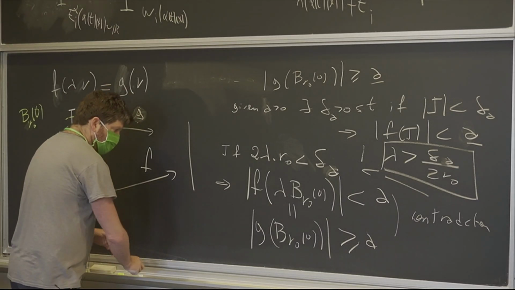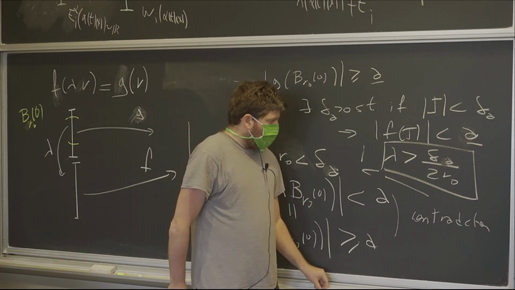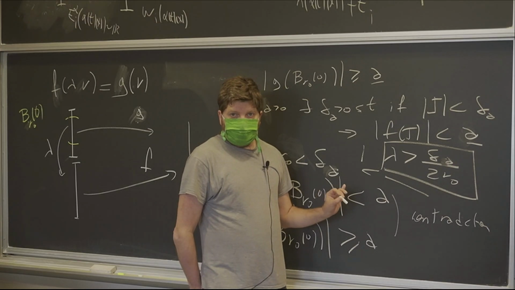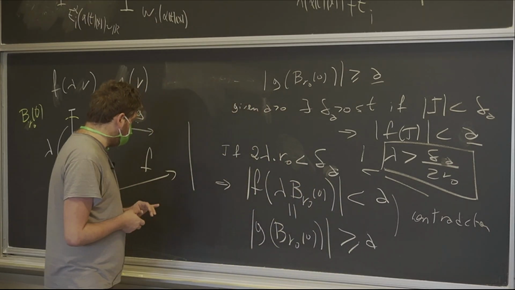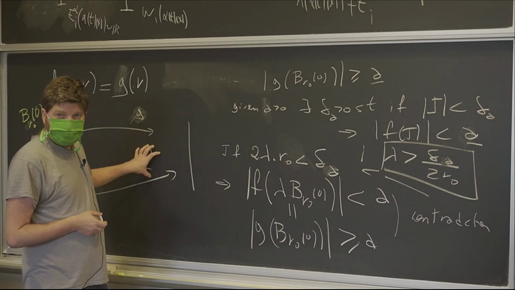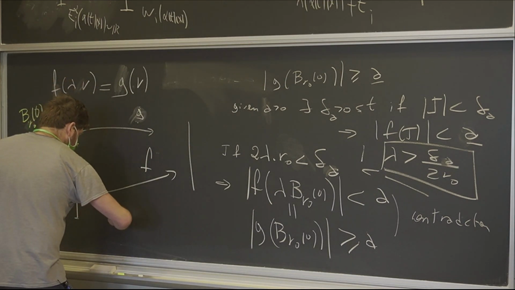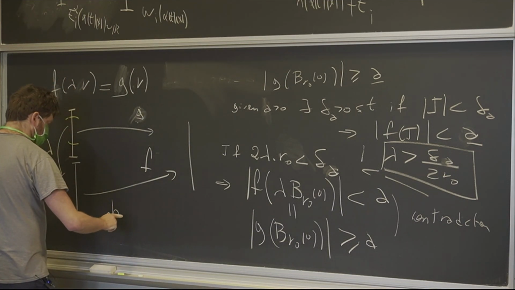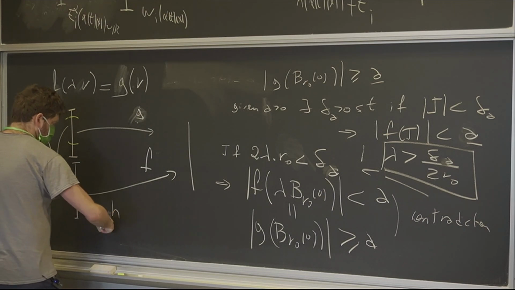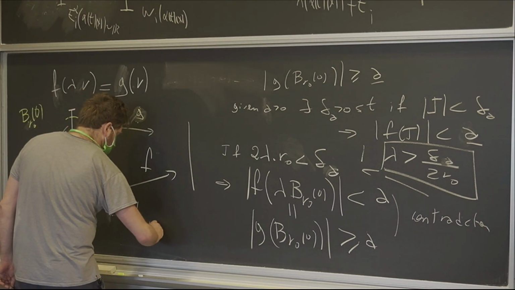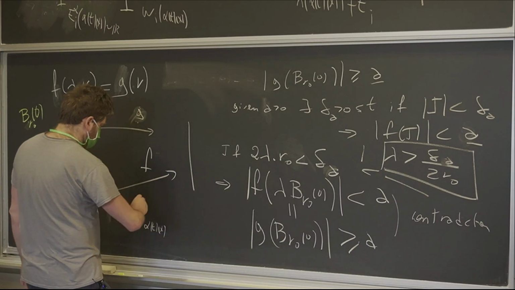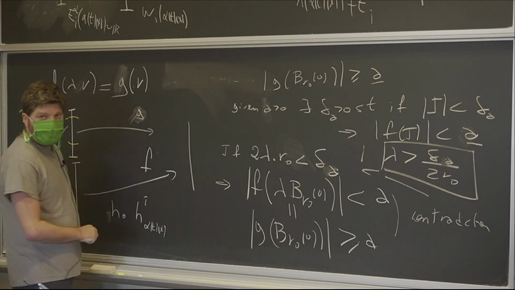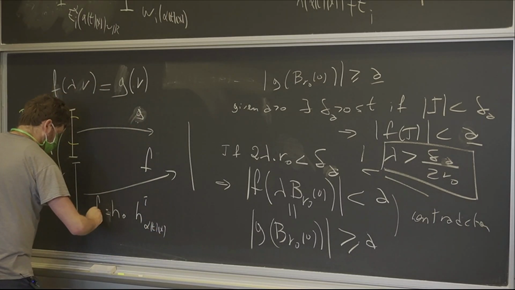But what is important is that it only depends on uniform continuity properties of this map F down here. And remember, this map F is H composed, wait a second, this way, H, alpha_t of x, e_i. So this is F.